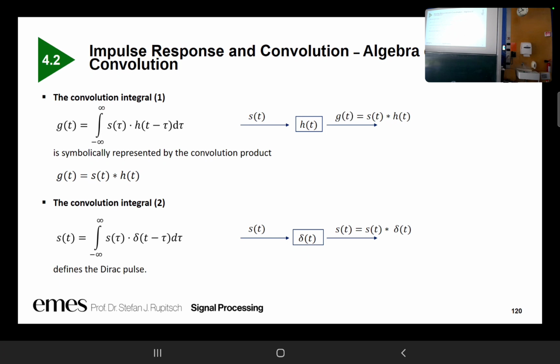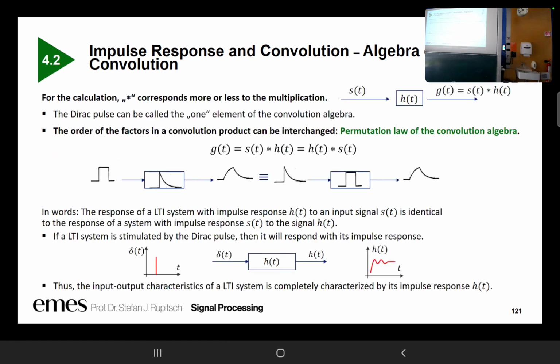And here in convolution, if you perform the convolution with the Dirac pulse, then the output will be the input. Okay? We already discussed this last week.